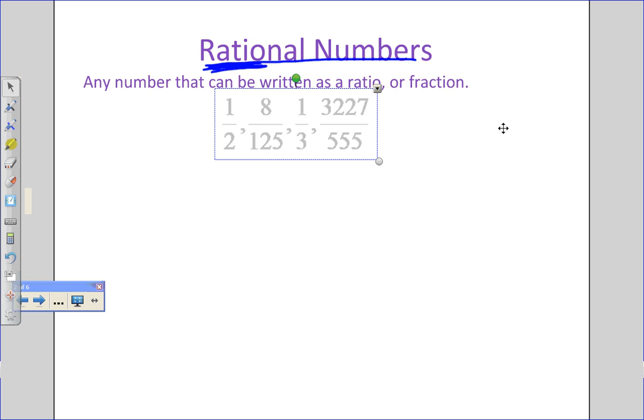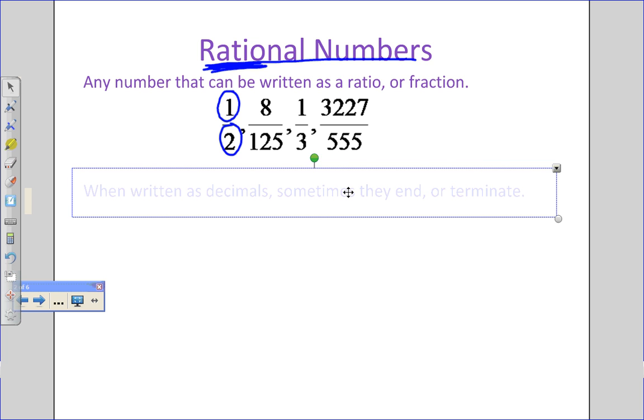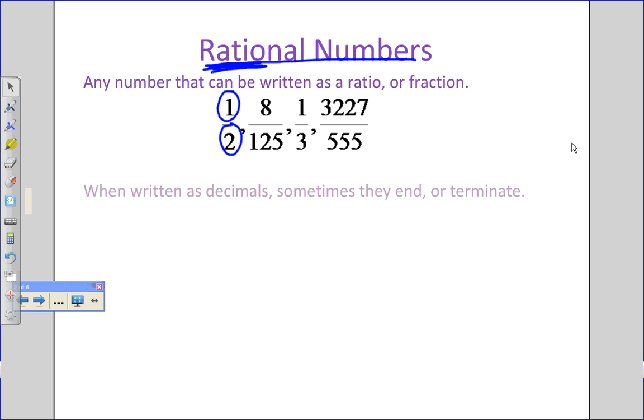So a few examples are 1/2, 8/125, 1/3, 3,227/555. Basically anything that has a numerator and a denominator is a fraction, and so it's a rational number. When you write these rational numbers as decimals, sometimes they end or terminate.